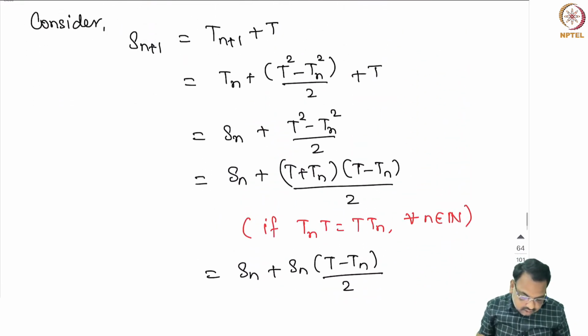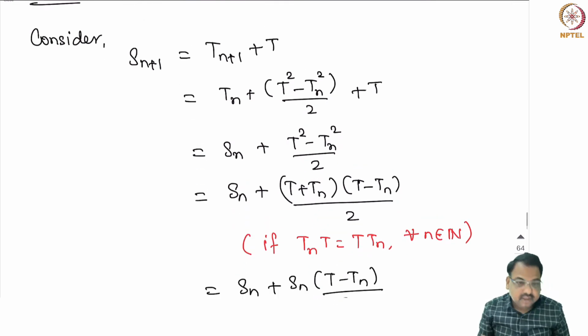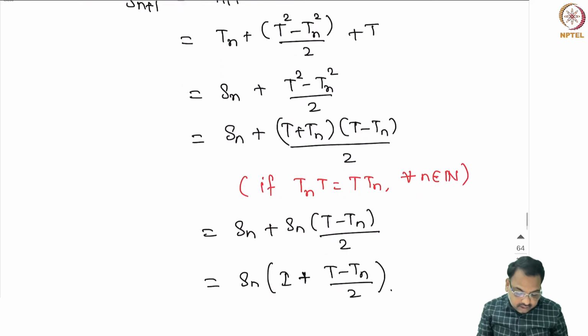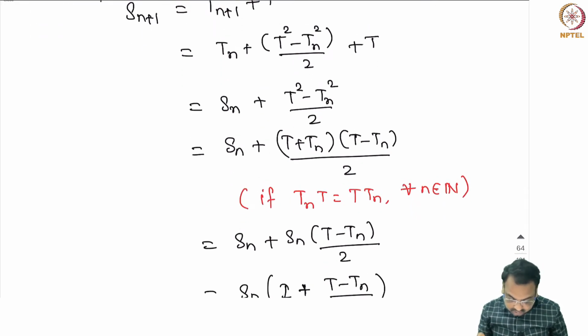Now actually, to show that Sn plus 1 is positive, we use the induction process, mathematical induction. First we show that S0 and S1 are positive, and then we assume that Sn is positive, and from that we show that Sn plus 1 is positive.